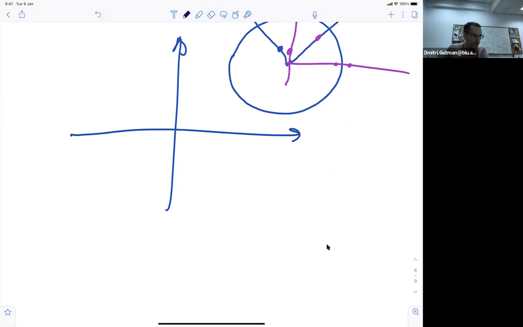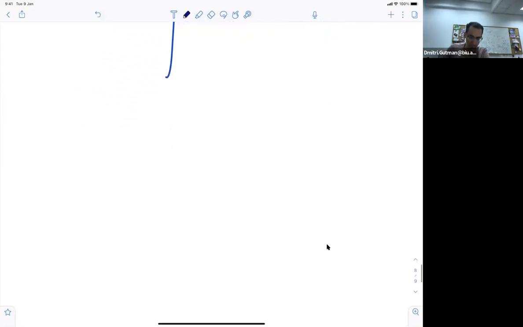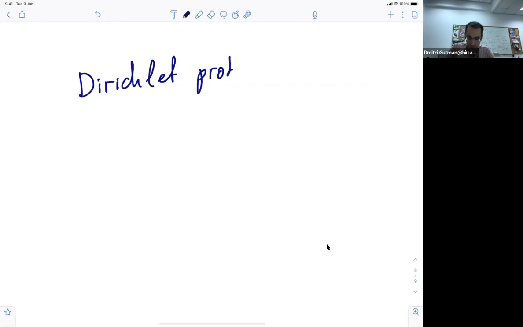Now after we learned and understood a little bit about conformal transformations, let's apply it to our favorite subject, the subject of differential equations. Formally, we're going to focus on what is called the Dirichlet problem for harmonic functions.